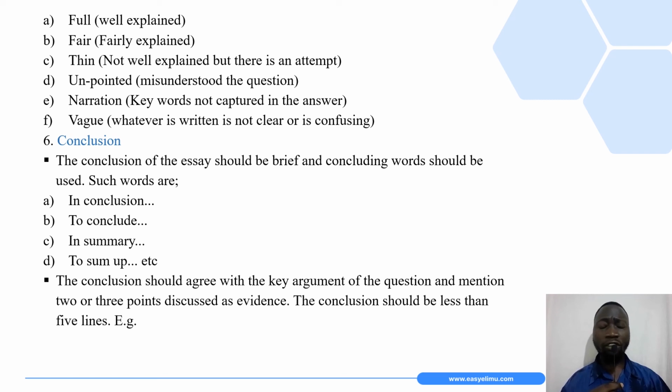We have very many transitional words that are used to give a conclusion. The conclusion should agree with the key argument of the question and mention 2 or 3 points discussed as the evidence. Another thing is that the conclusion should be less than 5 lines.